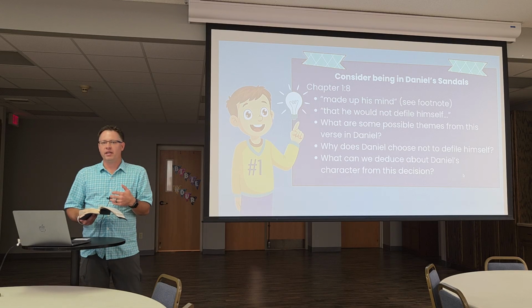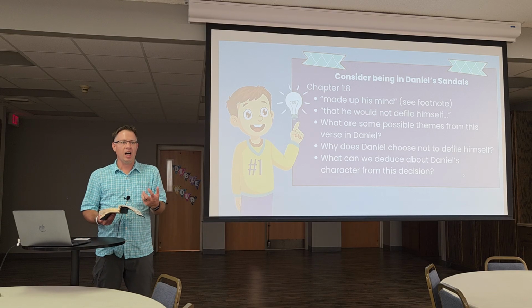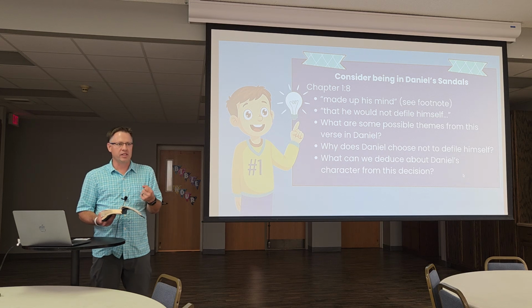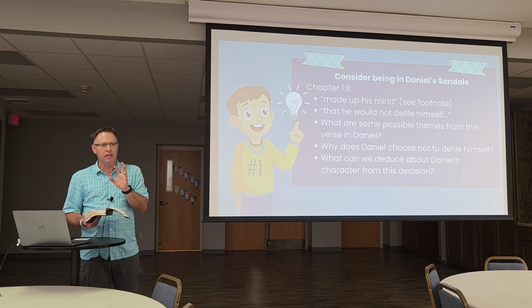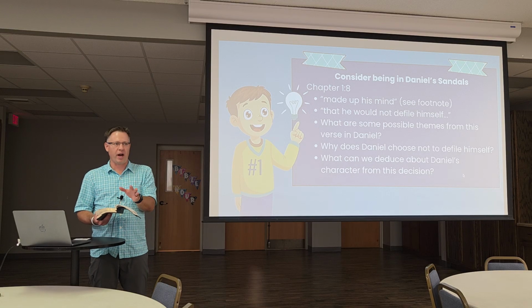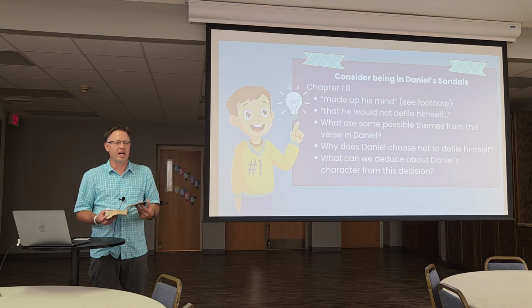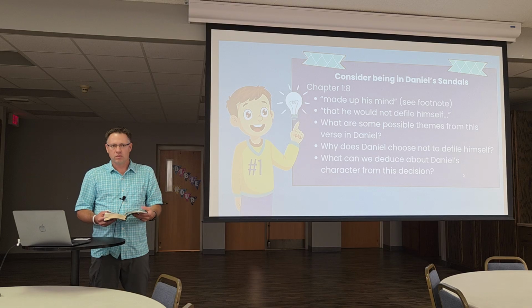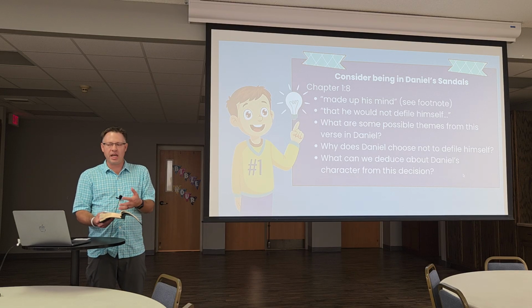Now, when I read that, it was kind of an aha moment, because there is something that's motivating Daniel to set upon his heart not to defile himself. And we could come up with whatever we think that is. But to me, it makes a lot of sense that the reason he chooses not to defile himself is because he is set apart and he is pursuing holiness.